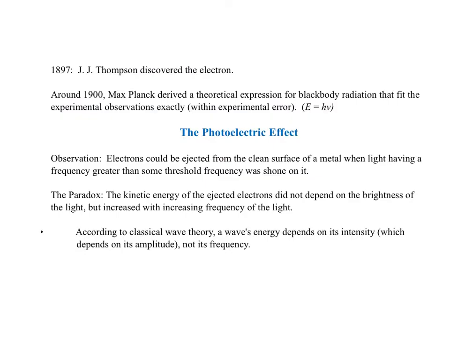We then talked about the photoelectric effect, and the photoelectric effect essentially says that there is this photon, basically, and that everything that Max Planck derived is related to this E equals h nu.